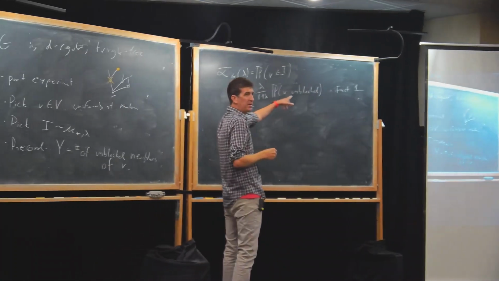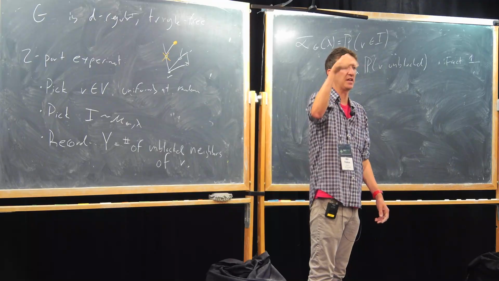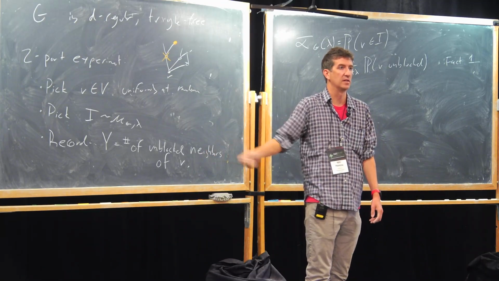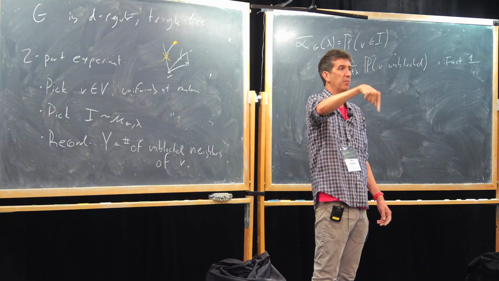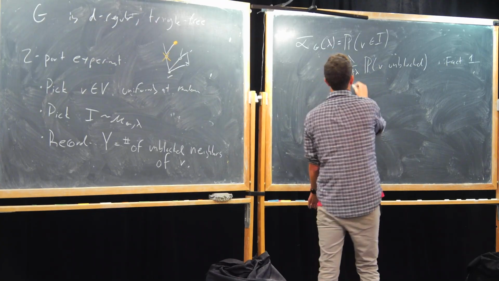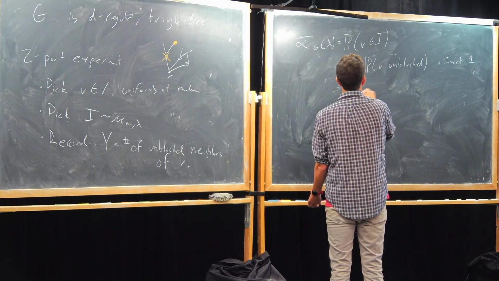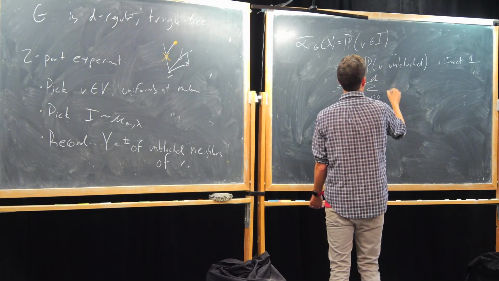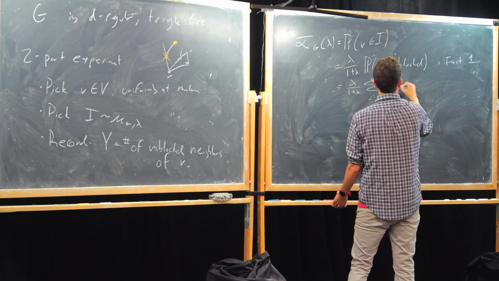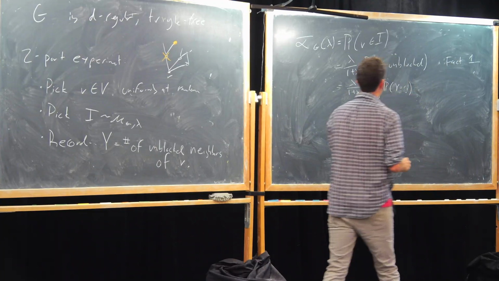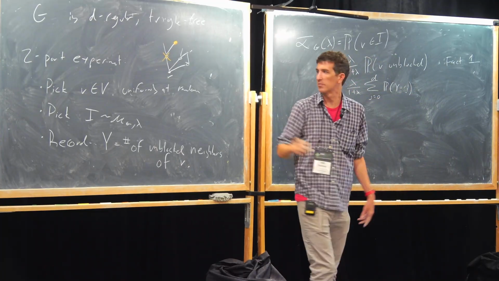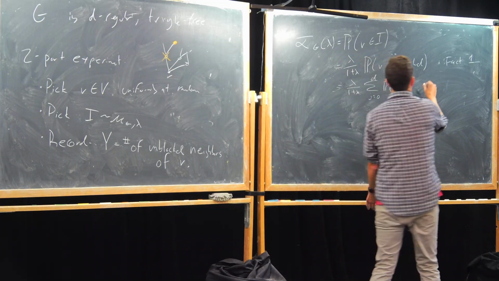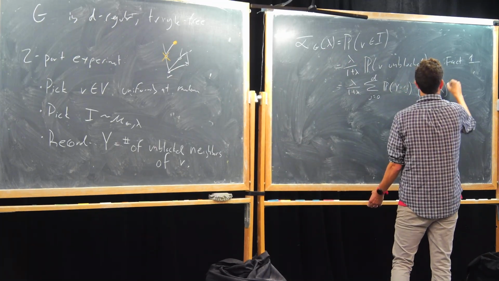And then, well, the probability V is unblocked, I can condition on y, the number of unblocked neighbors. So y can be 0, y can be 1, up to d. So this is lambda over 1 plus lambda, sum j equals 0 to d, probability y equals j. And then if I have j unblocked neighbors, well, fact 2 says the probability I'm unblocked is (1 plus lambda) to the minus j.